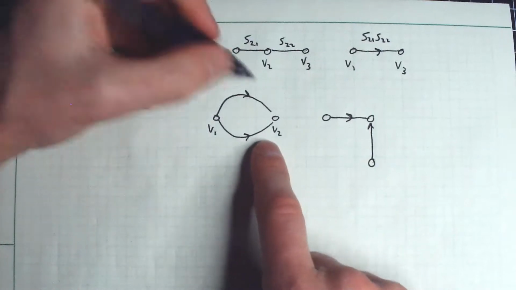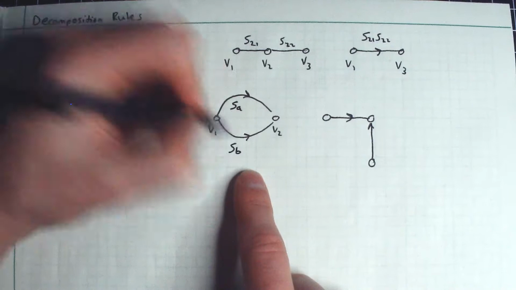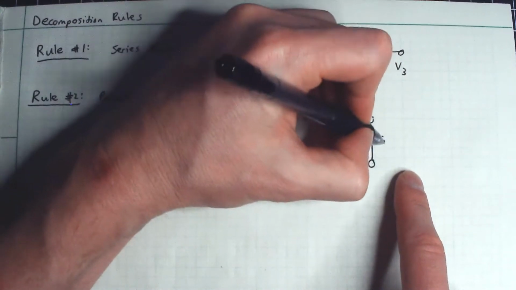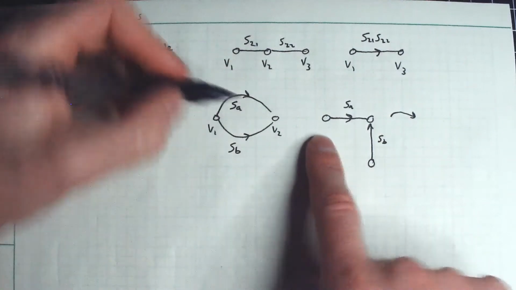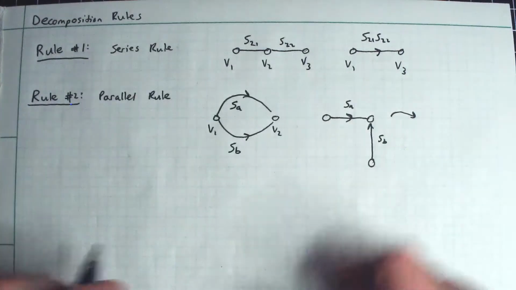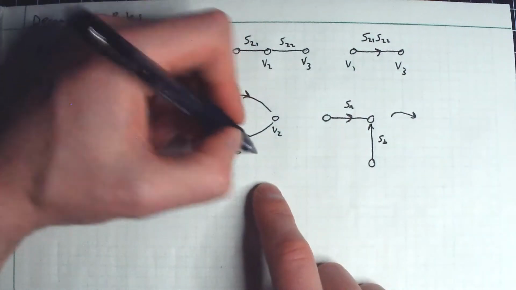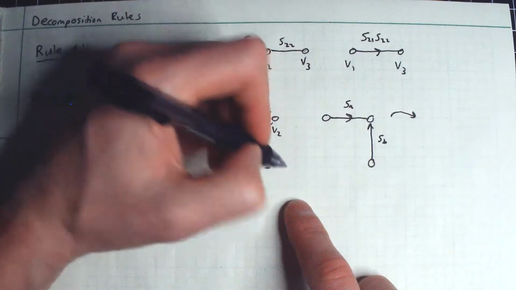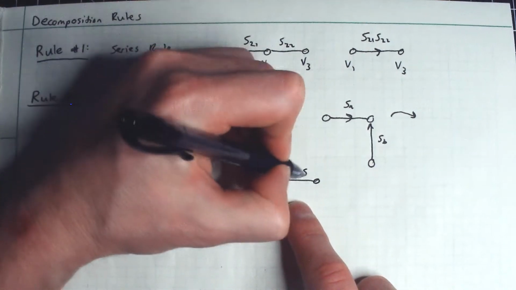I'll call these branches SA and SB. These are actually slightly different. In this case, I have 1 voltage taking 2 paths. This is 2 voltages adding together in a sense. So we'll hold off on that. But for this one, you just add them together: a single branch comes together and I get SA plus SB.